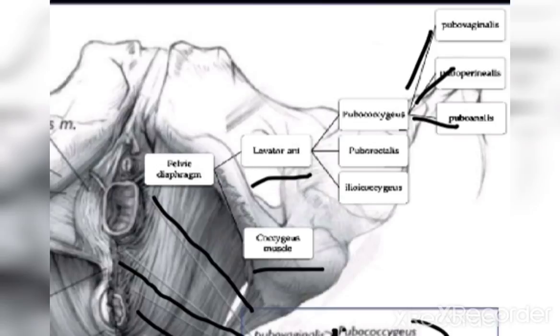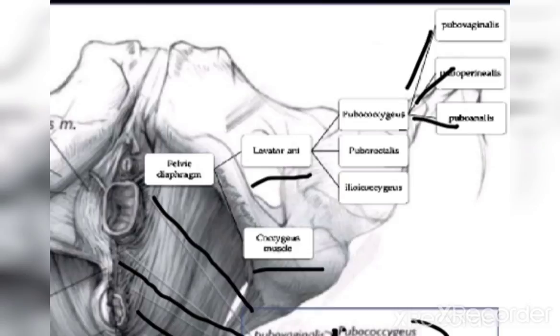So you must know this levator ani muscle. It is very important, especially in urinary incontinence. Urinary incontinence in females means the females are not able to hold the urine, or they pass urine when they cough or sneeze.